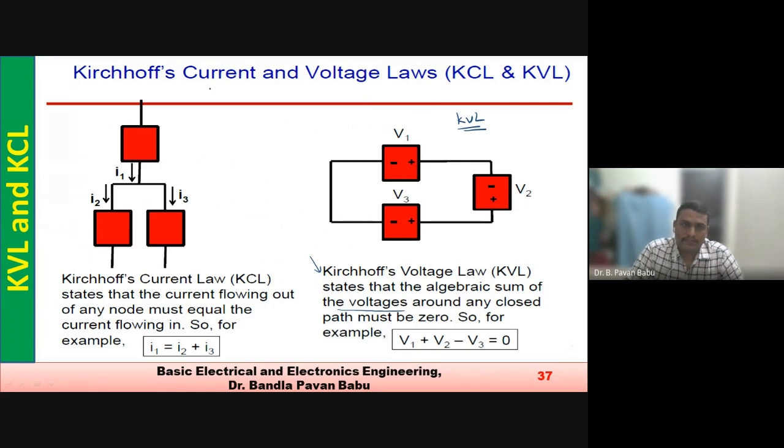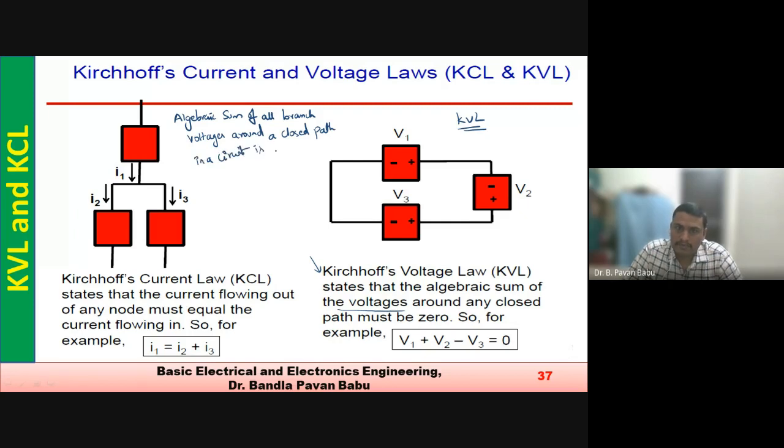Since it is a very fundamental and important statement, I'll write the complete statement here: the algebraic sum of all branch voltages around a closed path in a circuit is always zero at any instant of time.